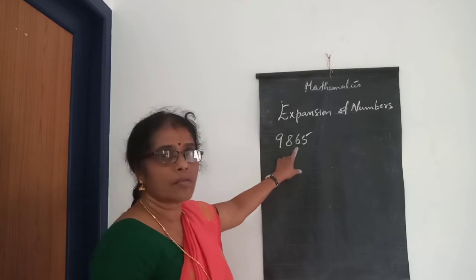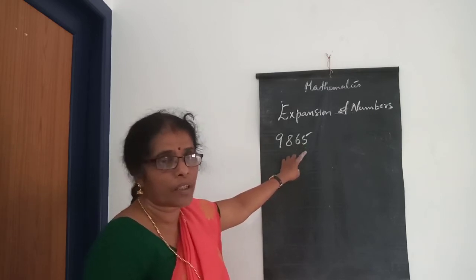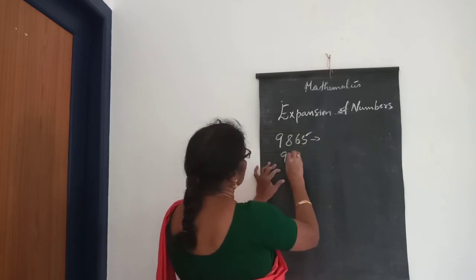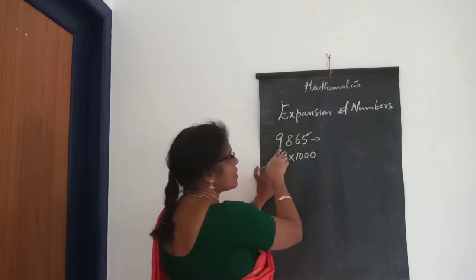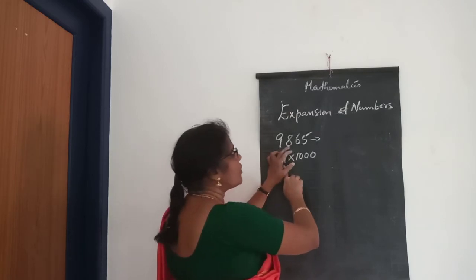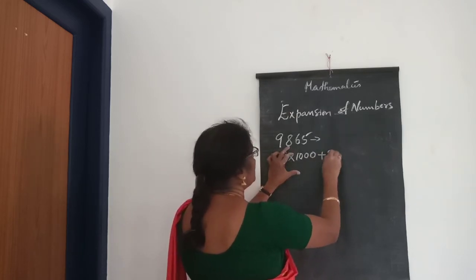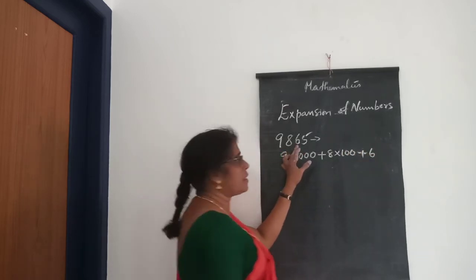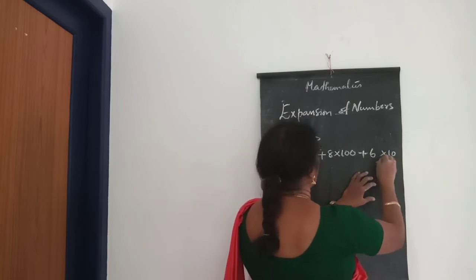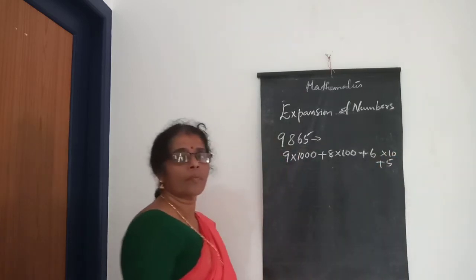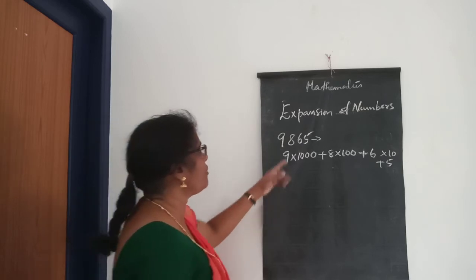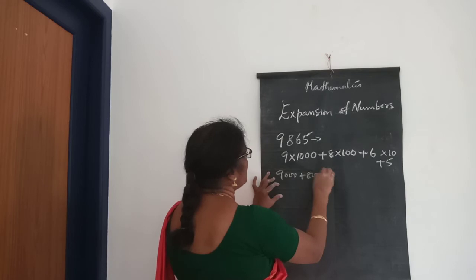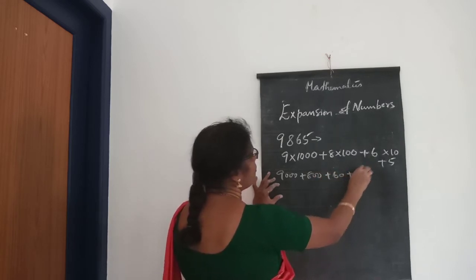How many tens? 6 tens. How many ones? 5 ones. So we can write it in expanding form. 9 into 1000, 8 into 100 plus 6 into 10 plus 5. That is the expanding form of this number. That means 9,000 plus 800 plus 60 plus 5.